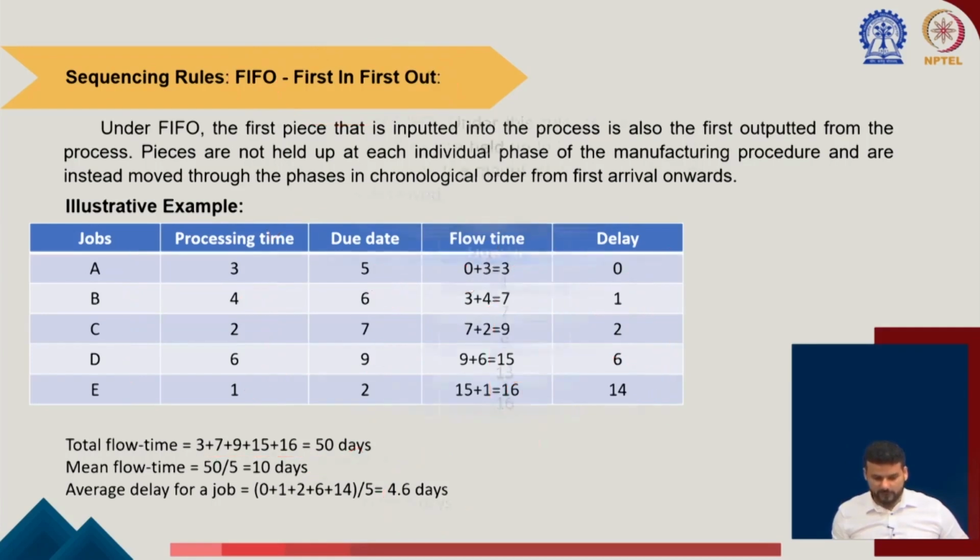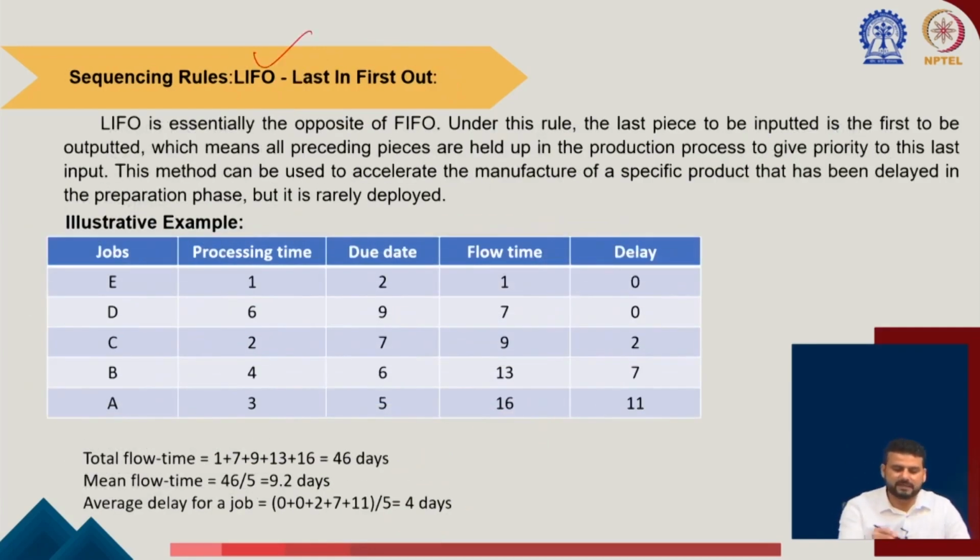Now we will go for the second algorithm, that is last in first out, and this is the situation when we are processing the last one first. Let us say if you entered first in the lift, you will come out last from the lift, right.